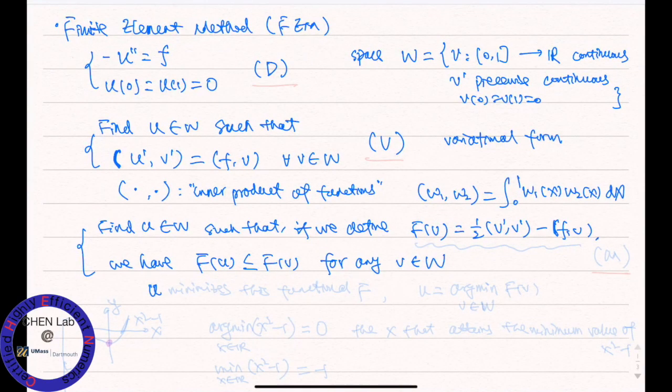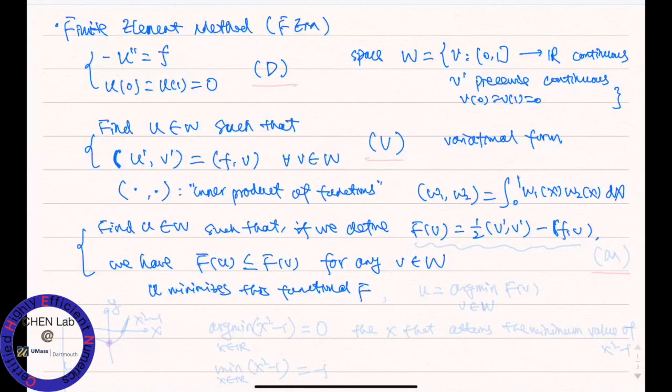So u minimizes this functional F. For D, u is a solution of that differential equation. Here, u is a minimizer of this functional.